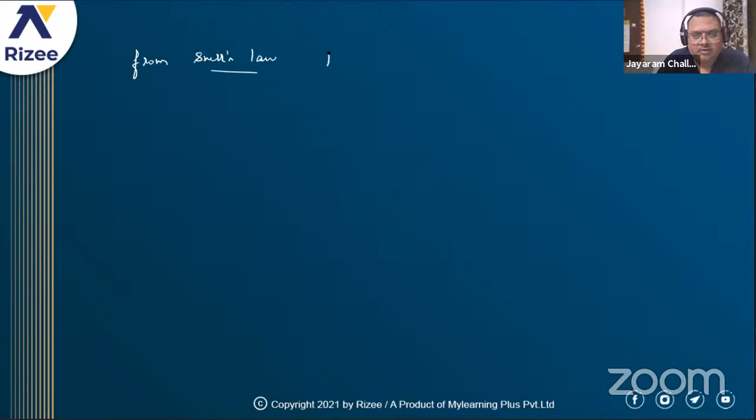From Snell's law, we can write mu1, the refractive index of the first medium, into the sine of the angle of incidence in that medium, is equal to mu2 into the sine of the angle in the second medium, let me put it as theta 2. So now it is 3 by 2 into sine theta c is equal to, since this is the air interface, 1 into sine theta.